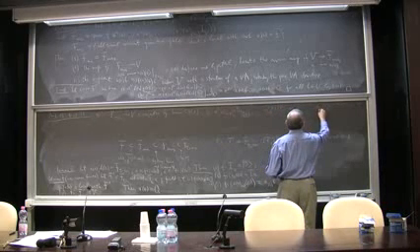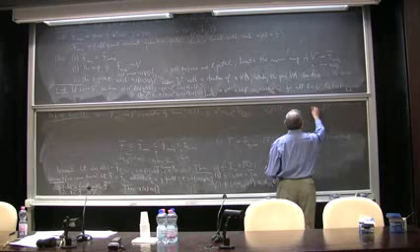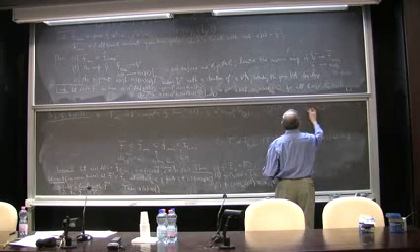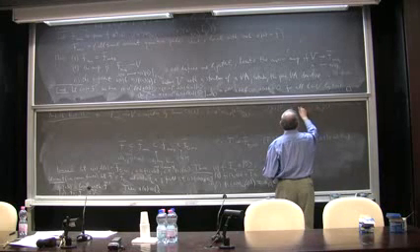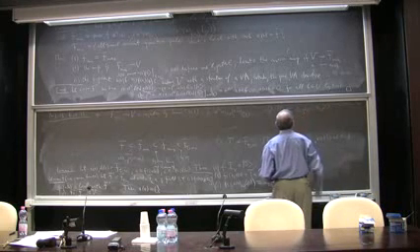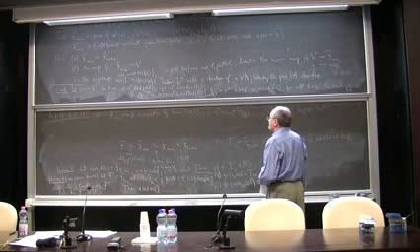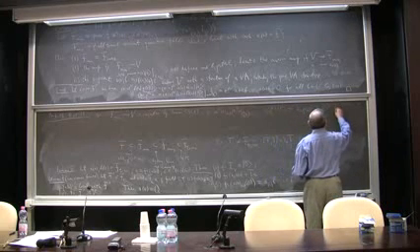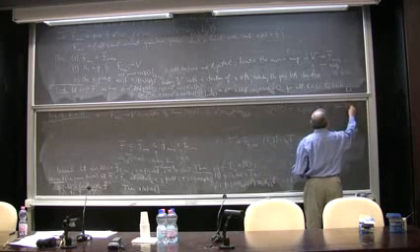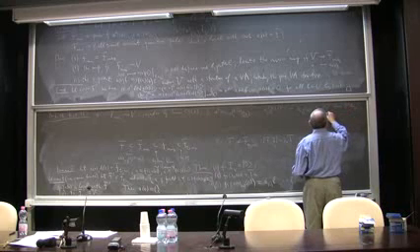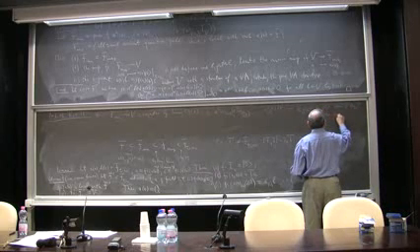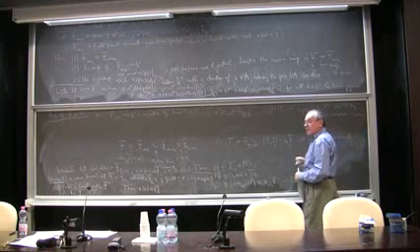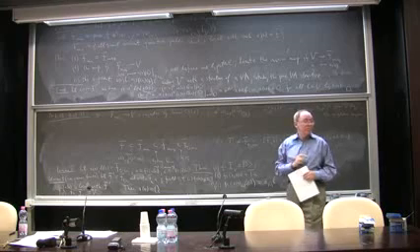So you get A of J1 times up to A of JS applied to the vacuum. But this spans V by the completeness assumption. You forgot the upper indices.